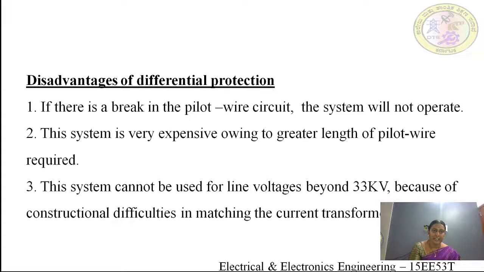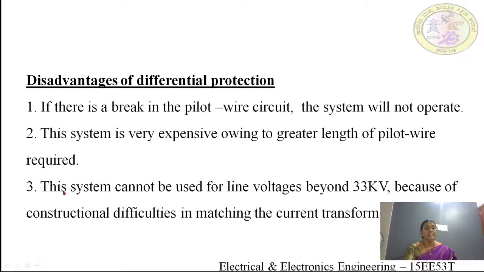Both of them are connected by means of a pilot wire. If there is a break in the pilot wire circuit, then the system will not operate. And this pilot wire is also very expensive because of its greater length. This is one of the disadvantages.